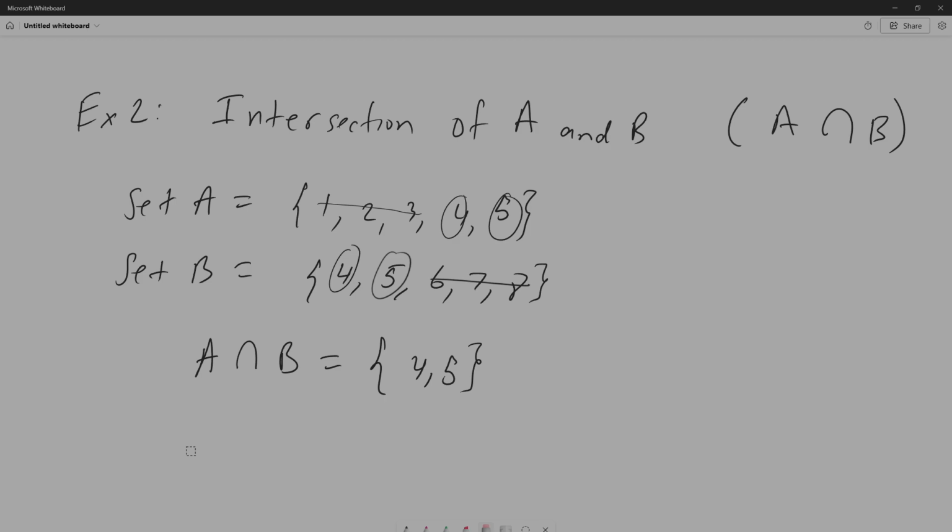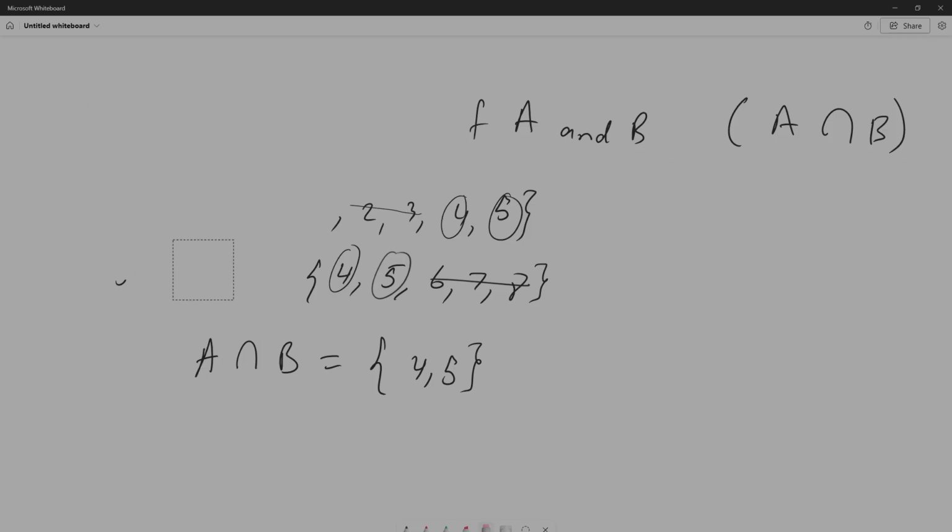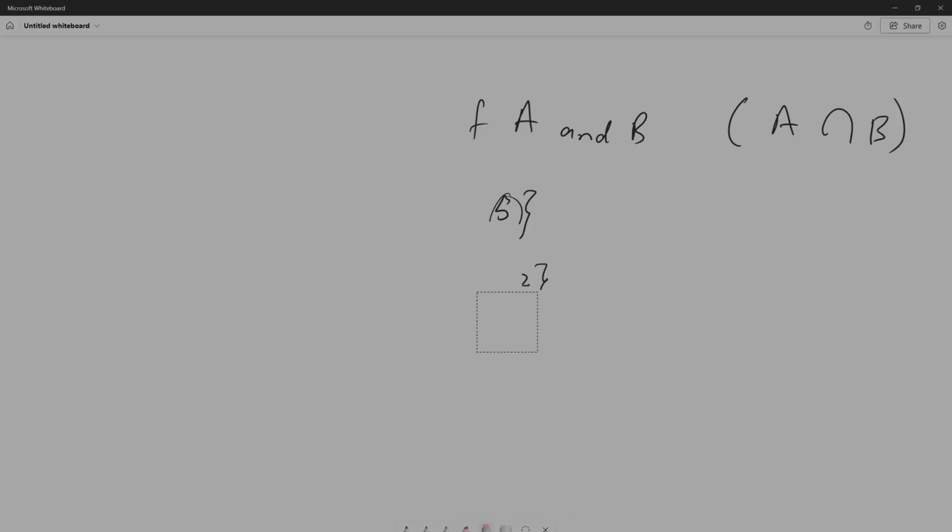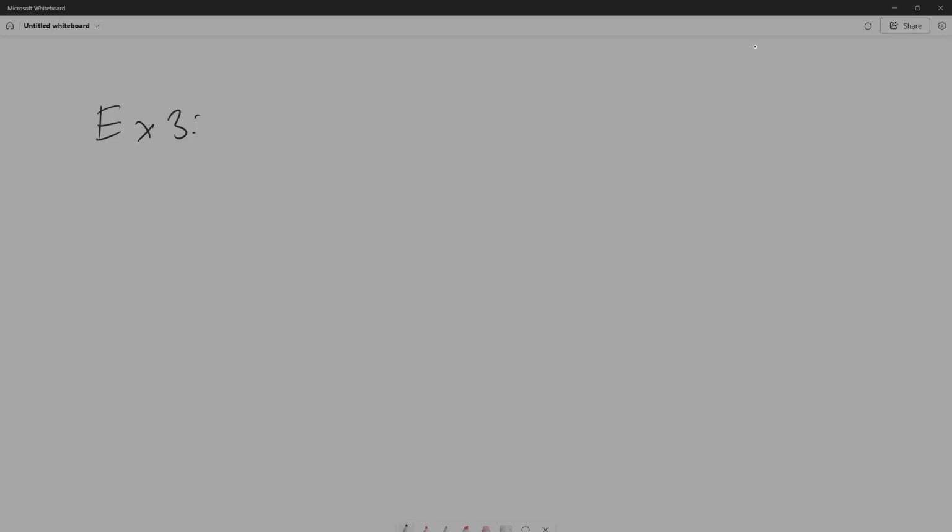On example number 3, we're going to find the difference between A and B. So we're gonna do example number 3. It's gonna be set difference.